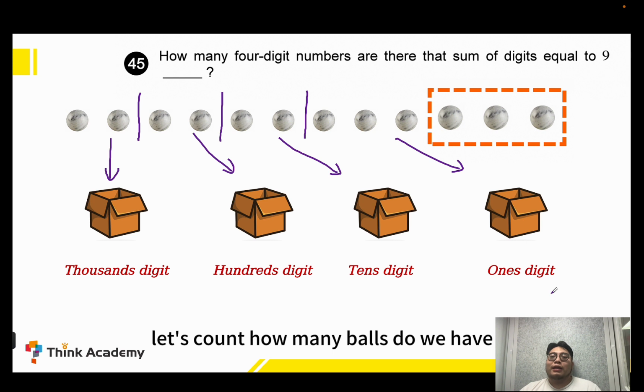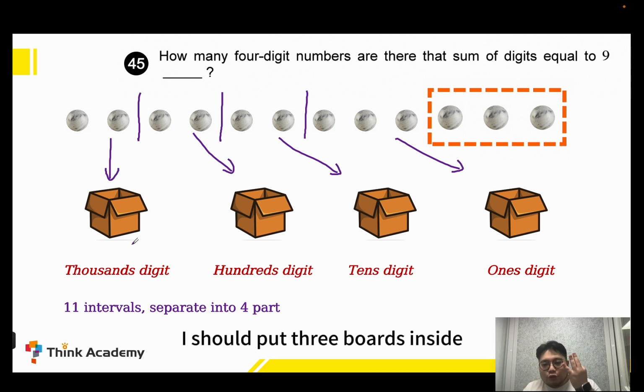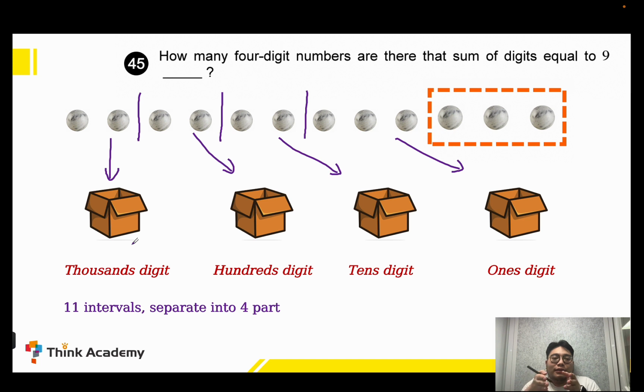Now let's count how many balls we have. We have 12 balls, which means we have 11 intervals. I want to separate these into 4 parts, so I should put 3 boards between these 12 balls.